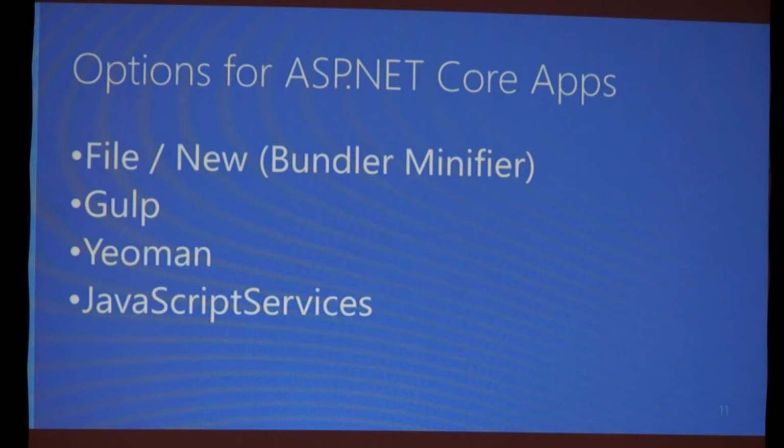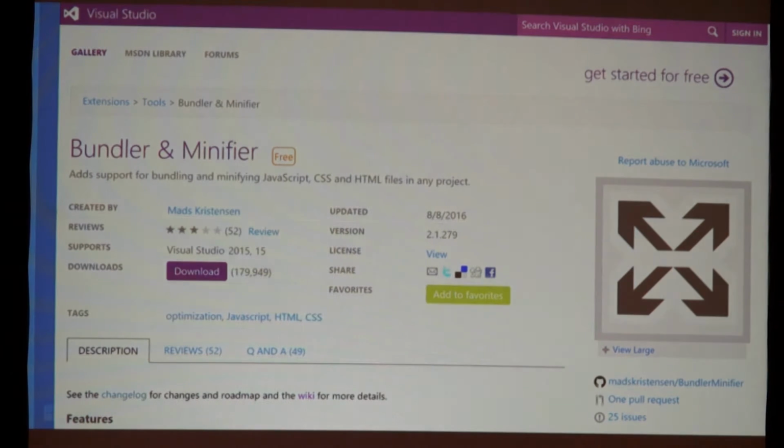A lot of things have changed in ASP.NET, and so we, smarter people than me, thought it was good to say, hey, if you want to turn up the complexity, you can, but let's start you really easy. So we're going to work our way down the list here, and I'll show you some examples and stuff. So we'll start with the File New option, which is Bundler & Minifier.